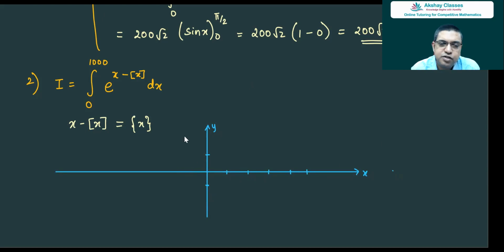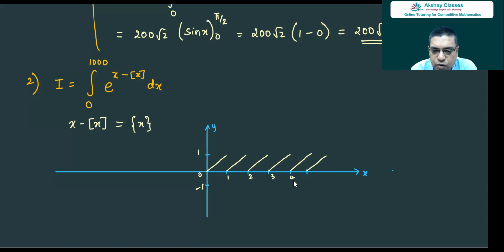What is the period of the fractional part of x? One. The period of the fractional part of x is 1. So the graph keeps repeating itself like this. This is 1, 0, or minus 1. This is 1, 2, 3, 4, 5.